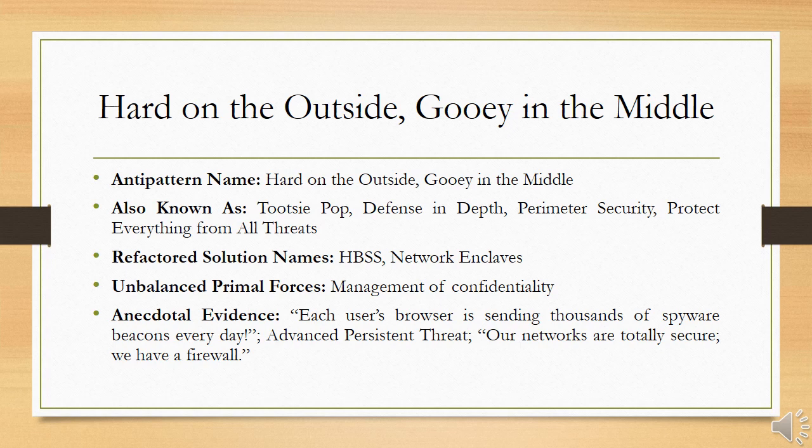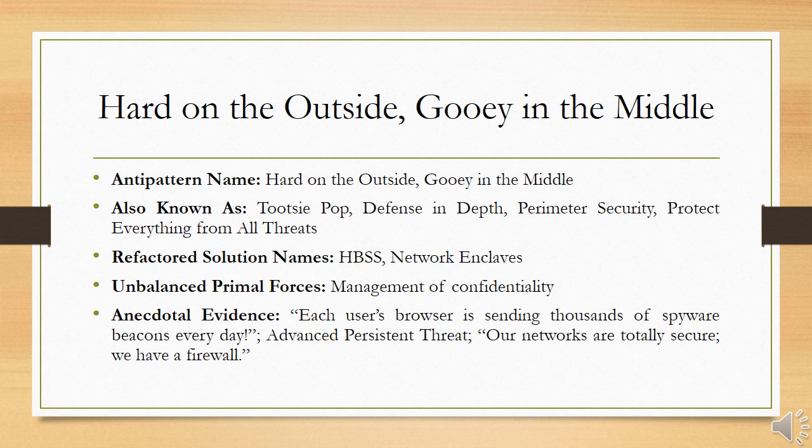The next anti-pattern template. Hard on the outside, gooey in the middle. Anti-pattern name: hard on the outside, gooey in the middle, also known as Tootsie Pop, defense in depth, perimeter security, protect everything from all threats.